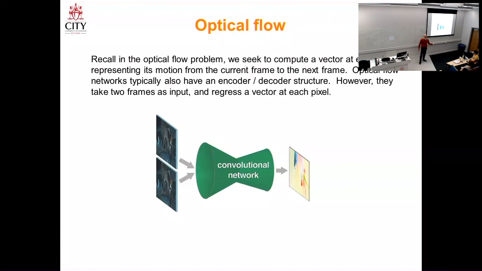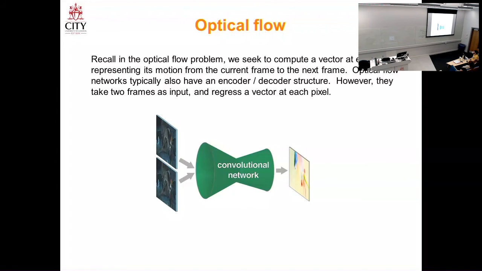Another problem is optical flow. We covered it in this module just a few weeks ago. You can use deep learning to estimate optical flow. Here you've got two images, one image at time t, another image at time t plus 1. You put them through a convolutional neural network, which regresses a vector at every pixel. That vector is the optical flow.